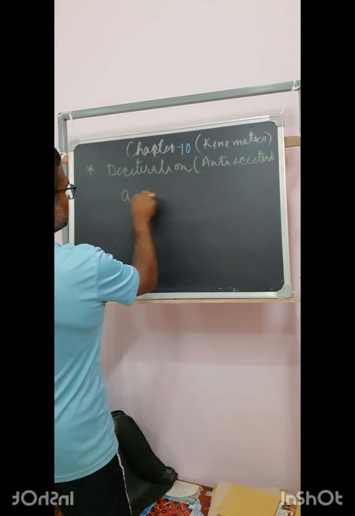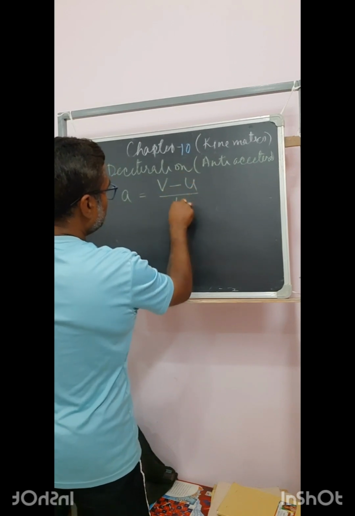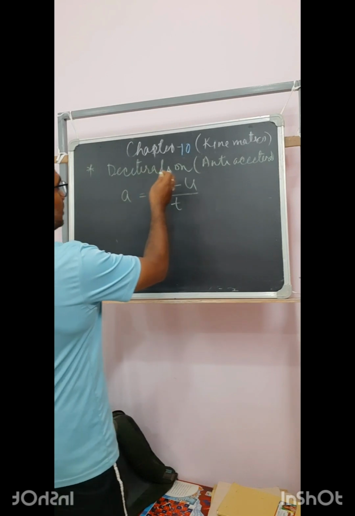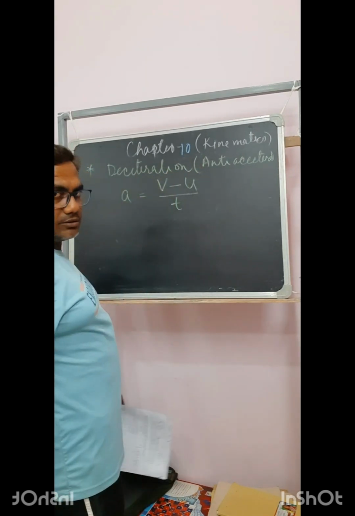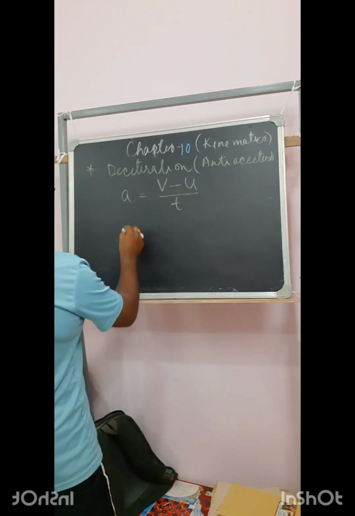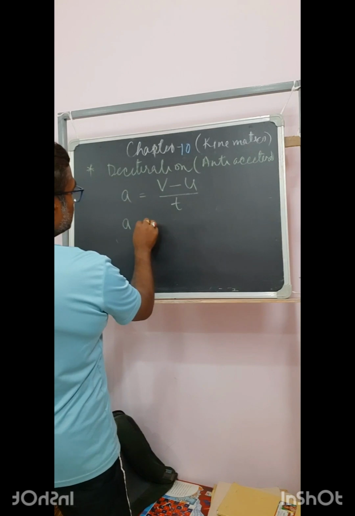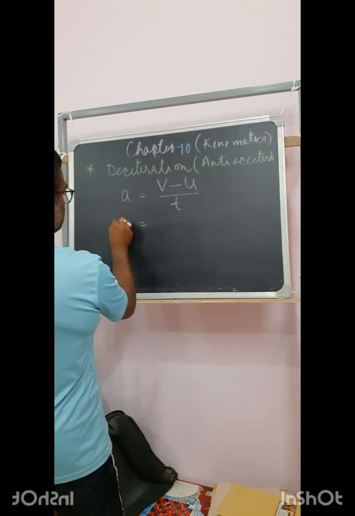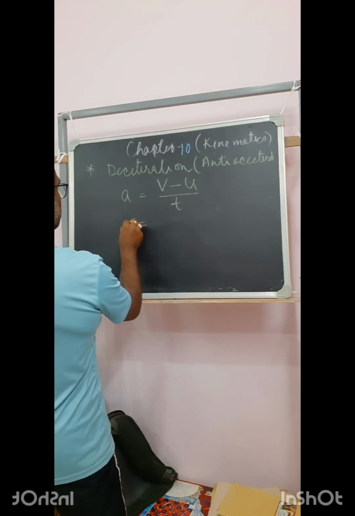Because acceleration is the final velocity minus the initial velocity, divided by the time between which the velocity is attained from initial velocity to final velocity. Now this is very simple. Now deceleration is just the reverse.